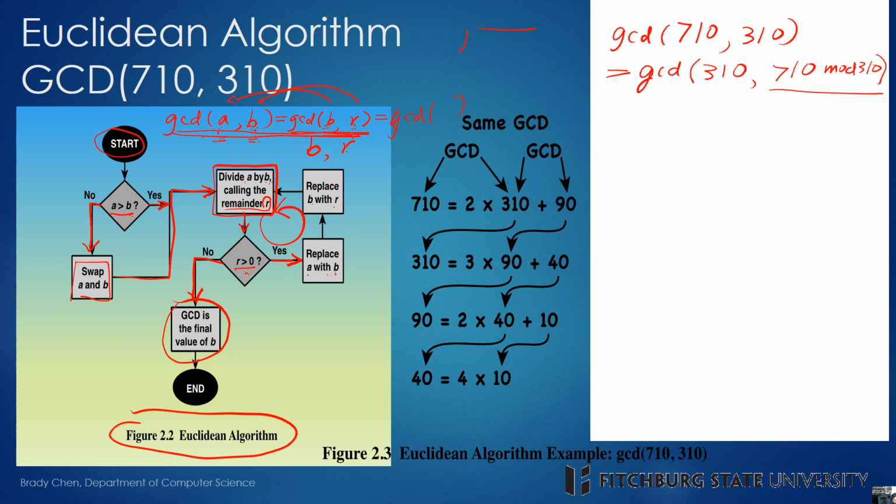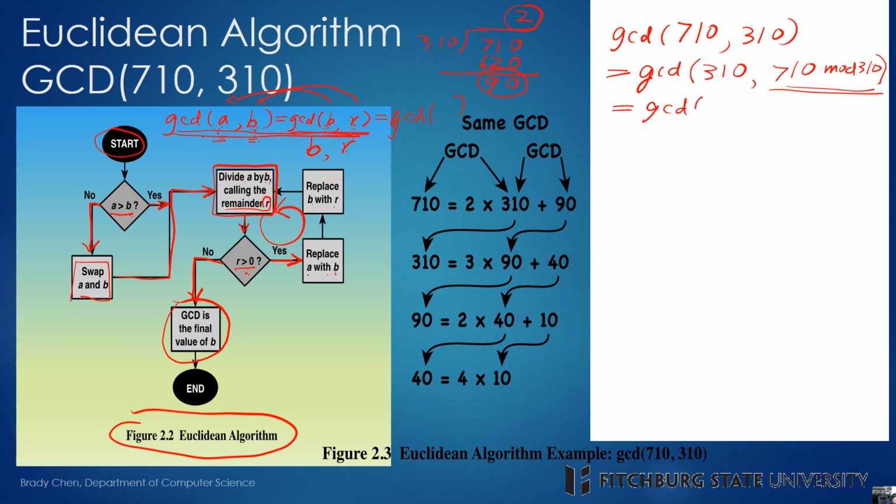That's the remainder when we divide 710 by 310. So now 710 divided by 310, we get a quotient 2 and remainder 90.